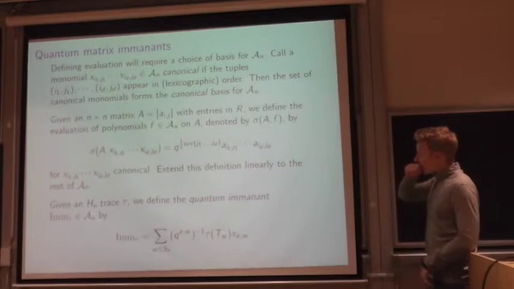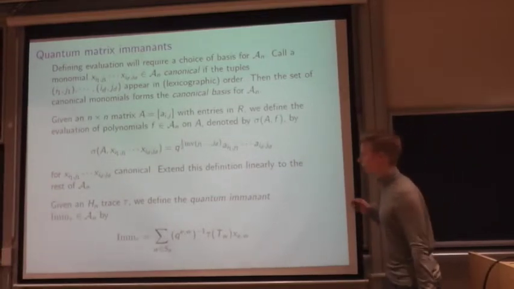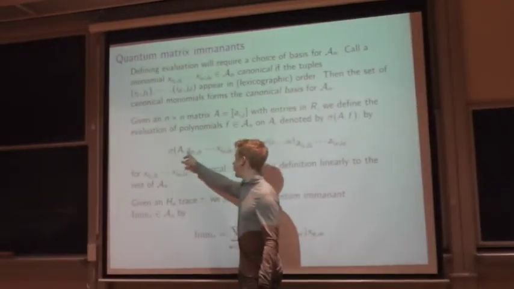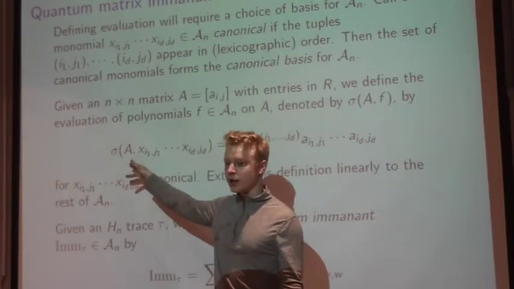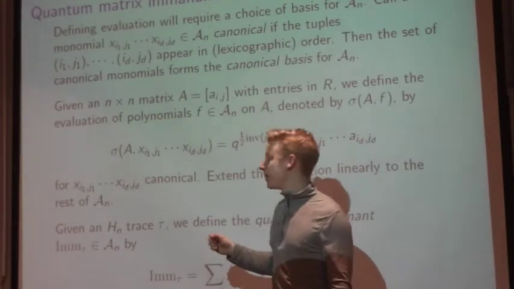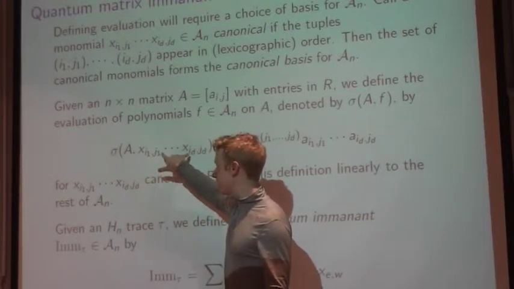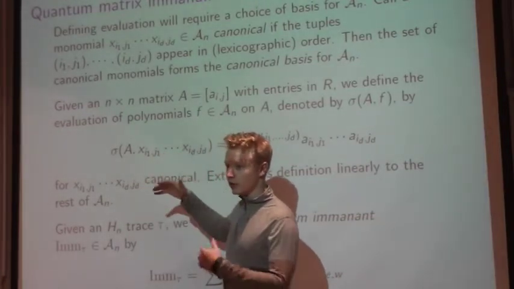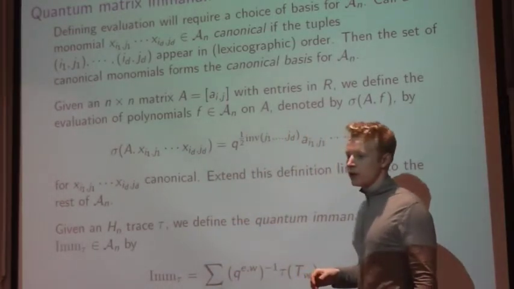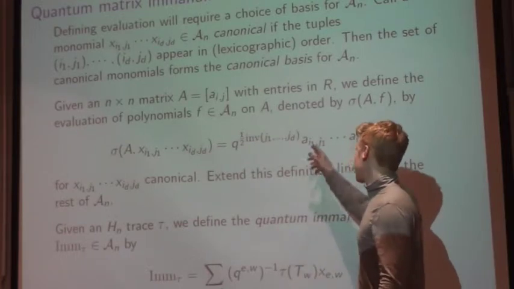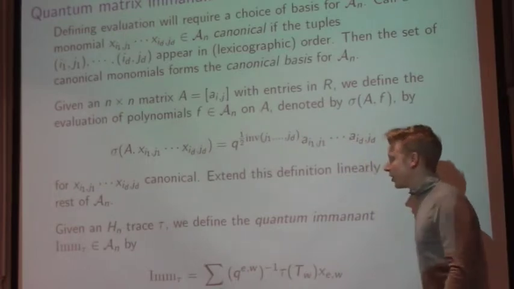So the way we're going to define evaluation is we're going to define this map. This will be the notation I use: sigma A of some polynomial just means evaluating this polynomial on that matrix A. The way I define it is, evaluating a monomial in canonical order on a matrix, you just take the corresponding product of matrix entries, and then you multiply by this factor, which is not really going to be all that important in the talk.